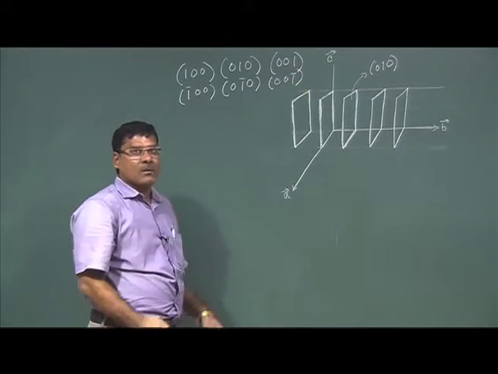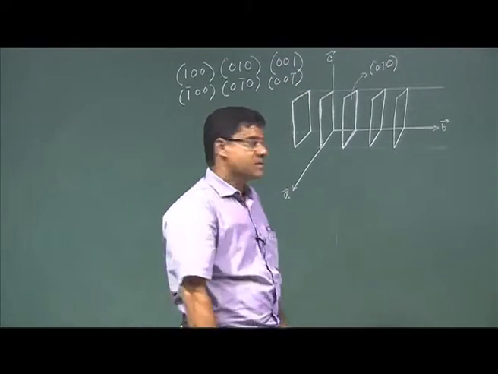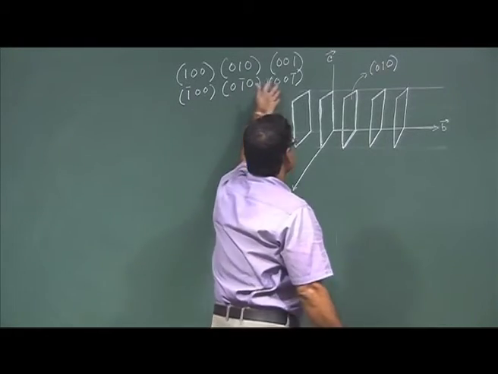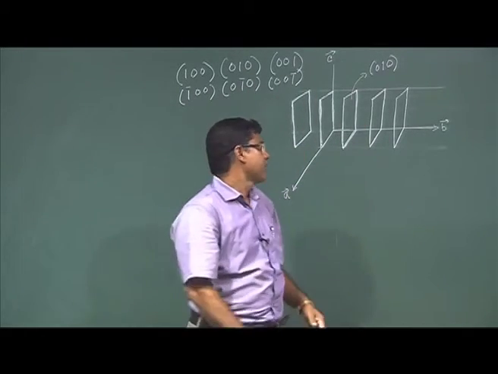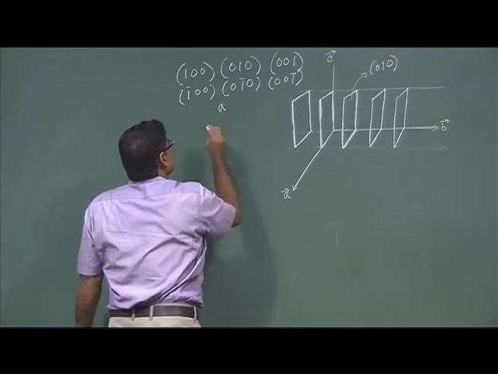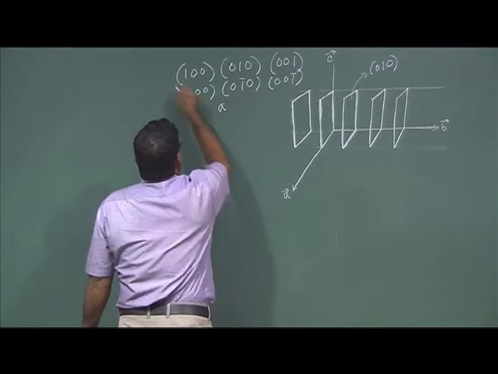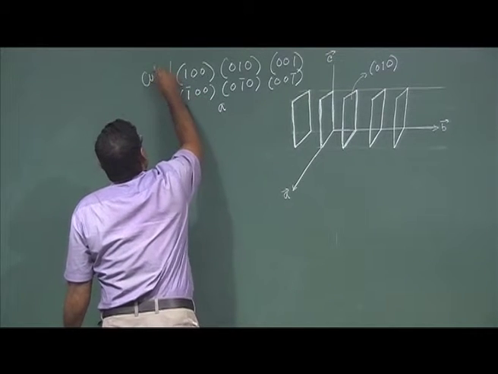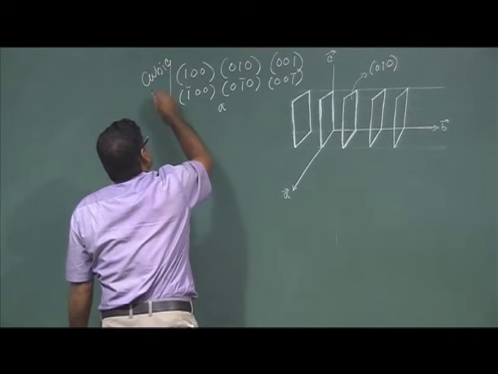Okay. So, these are the planes. The planar distance is A, basically when it is a cubic crystal, right.